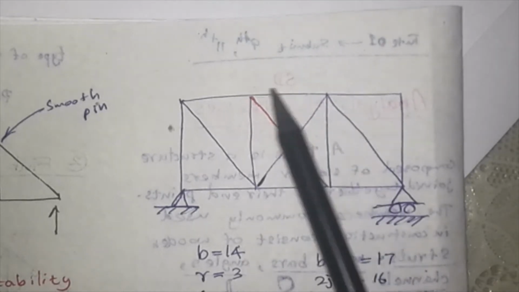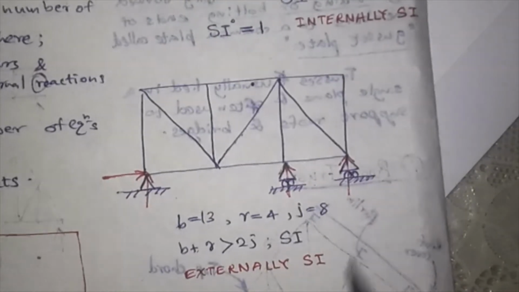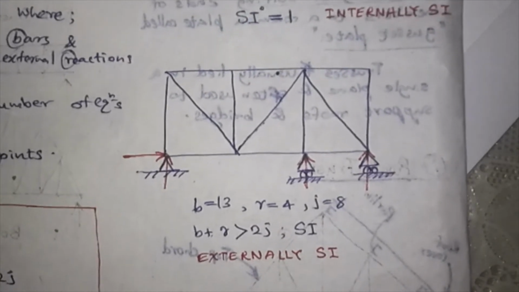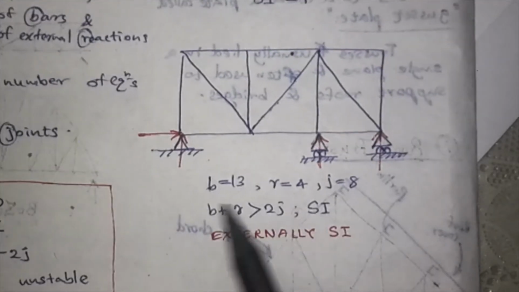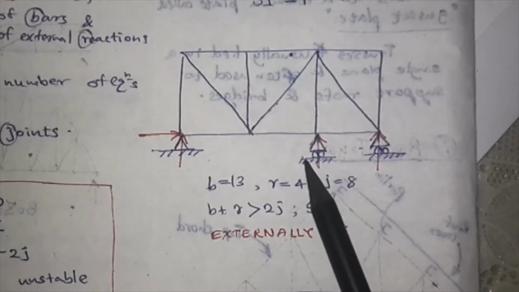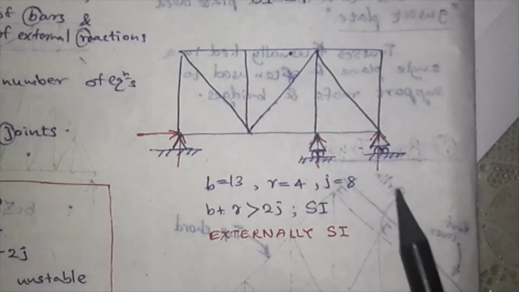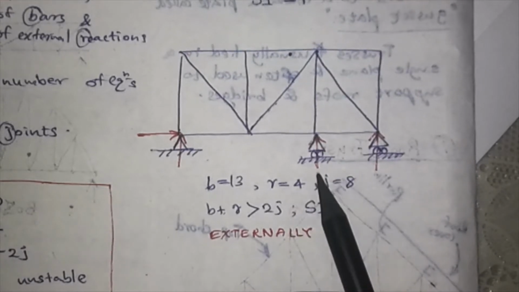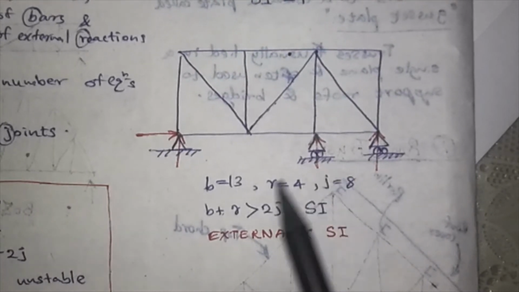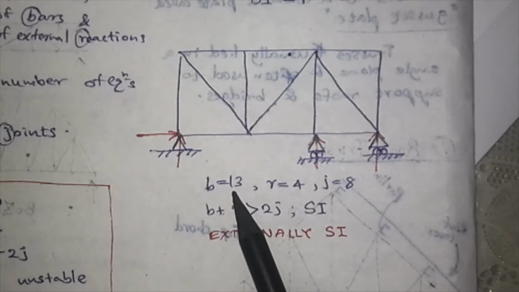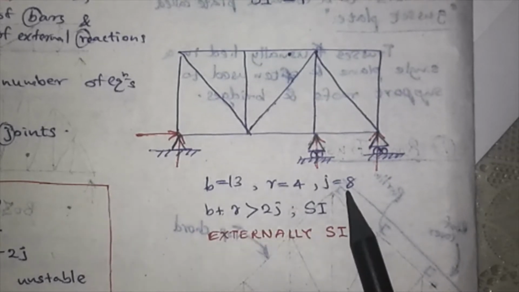So usually people don't put members like this in trusses. And when we consider the same problem here, say we additionally put another support here, another roller support, then we will have an additional reaction here. So the number of reactions will become 4, but the number of members is 13, joints 8.